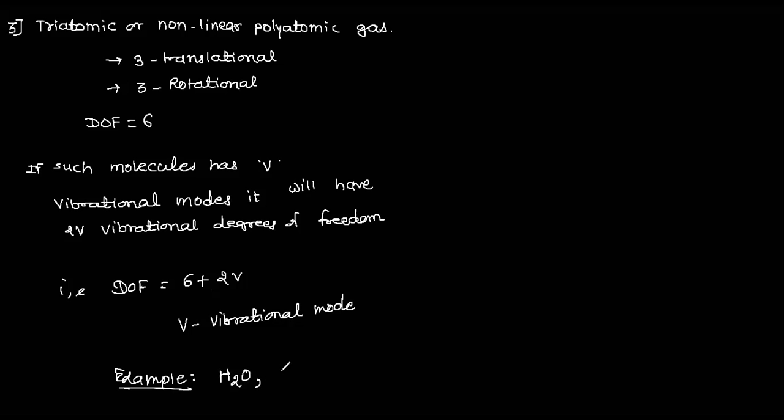Next one is SO2 etc. If we draw the diagram of this type of gases, suppose this is the x-axis, this one is the y-axis, and here is the z-axis.